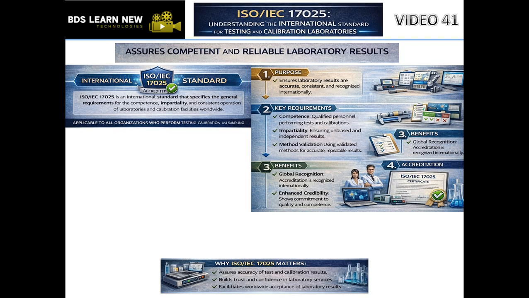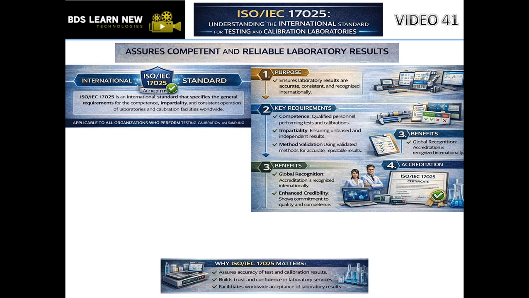Then we have another ISO IEC 17025 reference, which is for understanding the international standard for testing and calibration laboratories. Now, this is basically like we are getting some equipments calibrated through third party, right? So these are the external agencies.